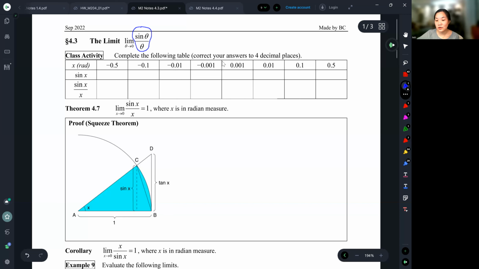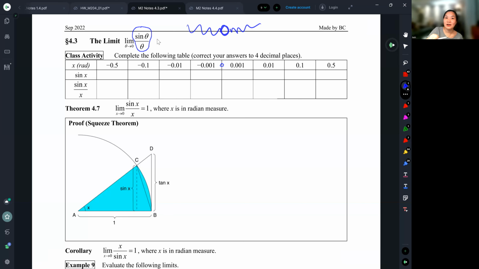Okay. Now you can see x cannot be 0. Here 0 is omitted because this function is undefined at 0. So there is a broken point there. Okay, the whole graph, there's something here and something here, but there is a broken point in the middle. Okay, there's a circle, the broken point.